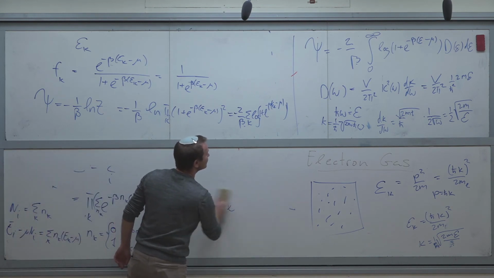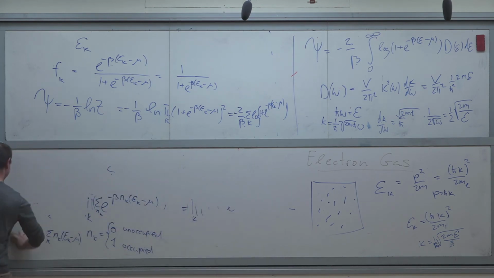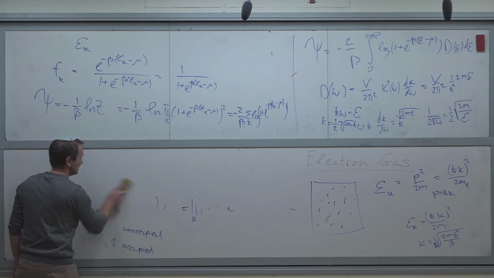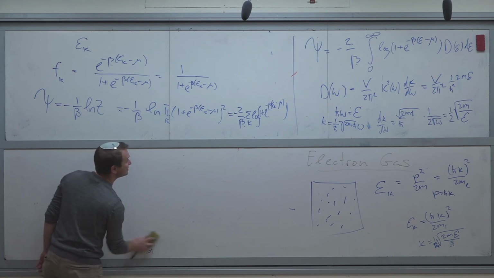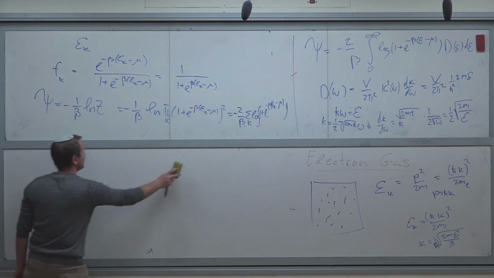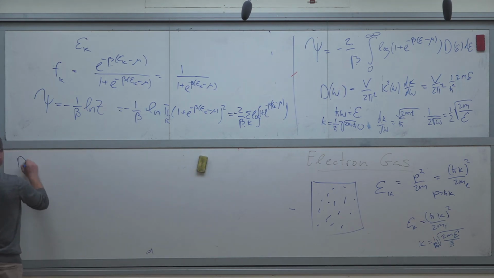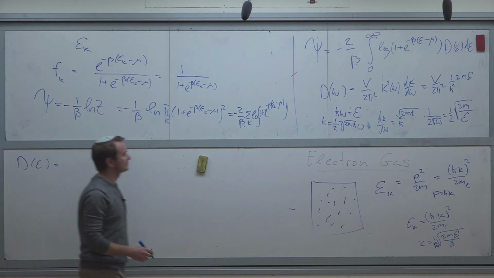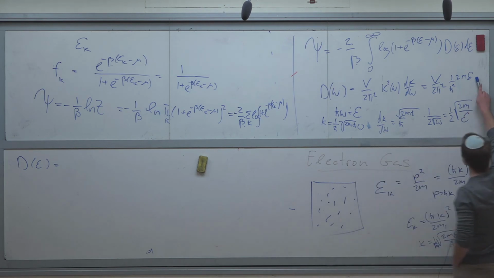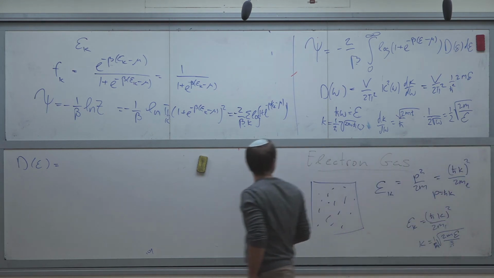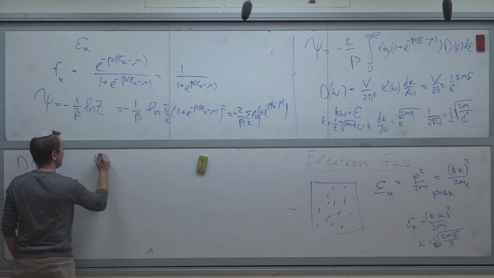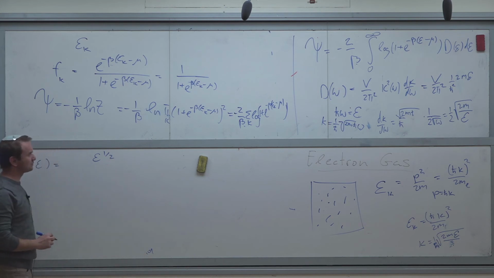So what we have over there eventually is that D of epsilon equals: we have epsilon over here, we have 1 over square root of epsilon over there, so it is epsilon to the 1/2.